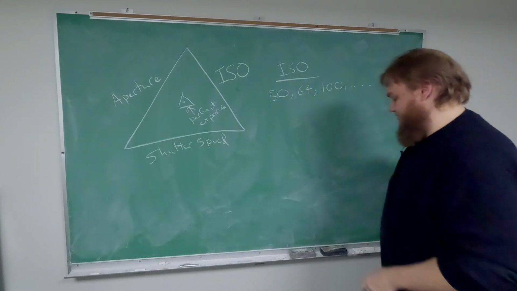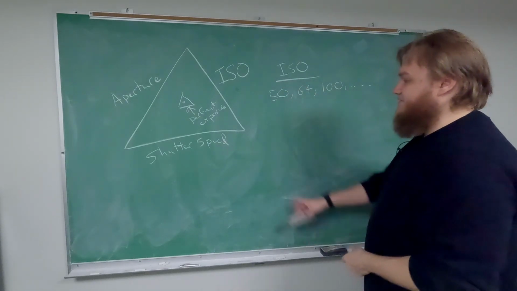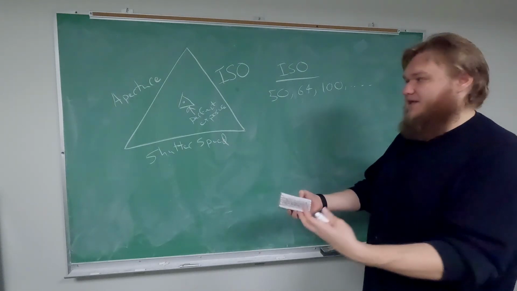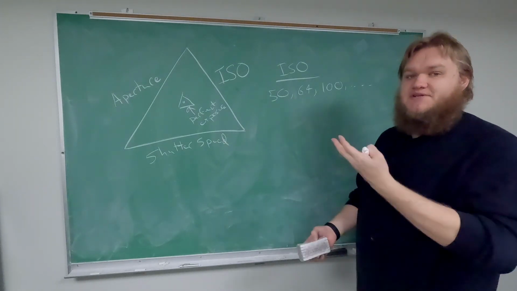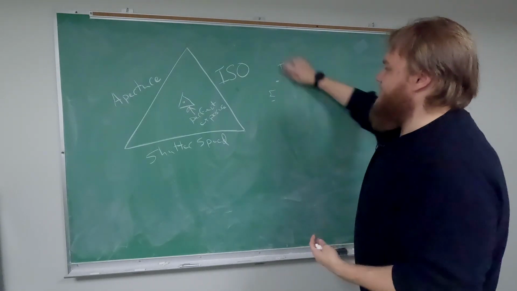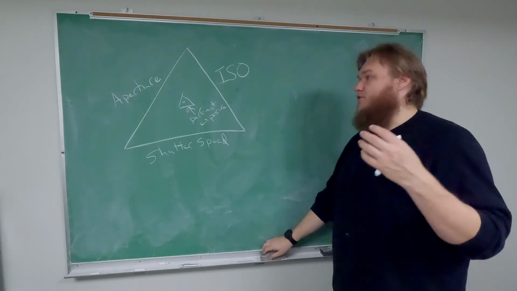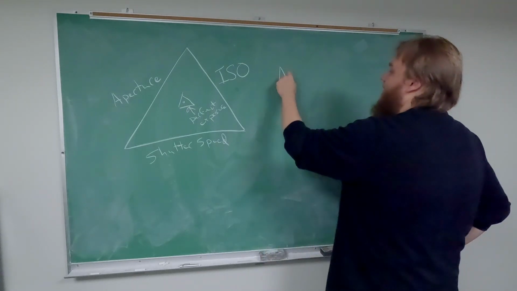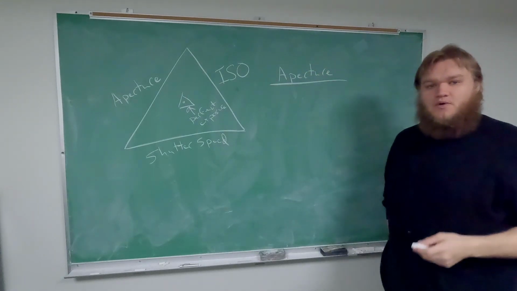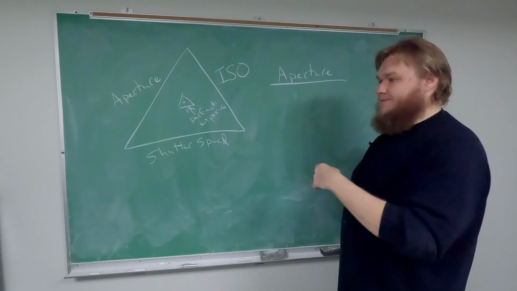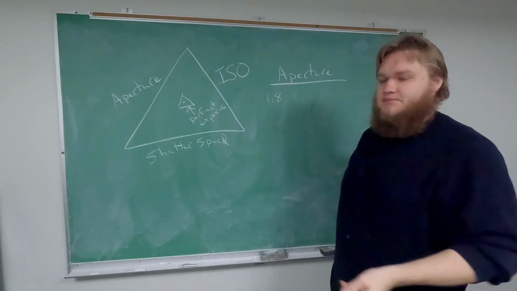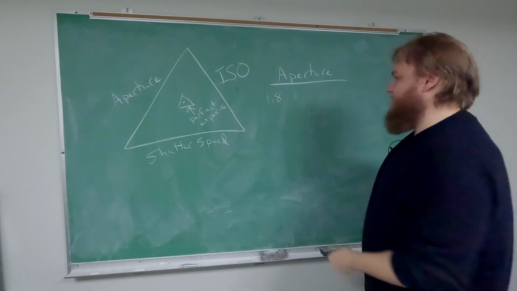Now, the last one, which is by far the most confusing, because as the shutter speed gets shorter, you're letting in less light. As the ISO goes up, you're making it more sensitive, right? There's kind of a natural understanding of the correlation between the numbers and how dark or bright your exposure is. Aperture, however, is a little bit weird, because if you've got a particularly fast lens, and these are beginner lenses, you might have an f1.8.